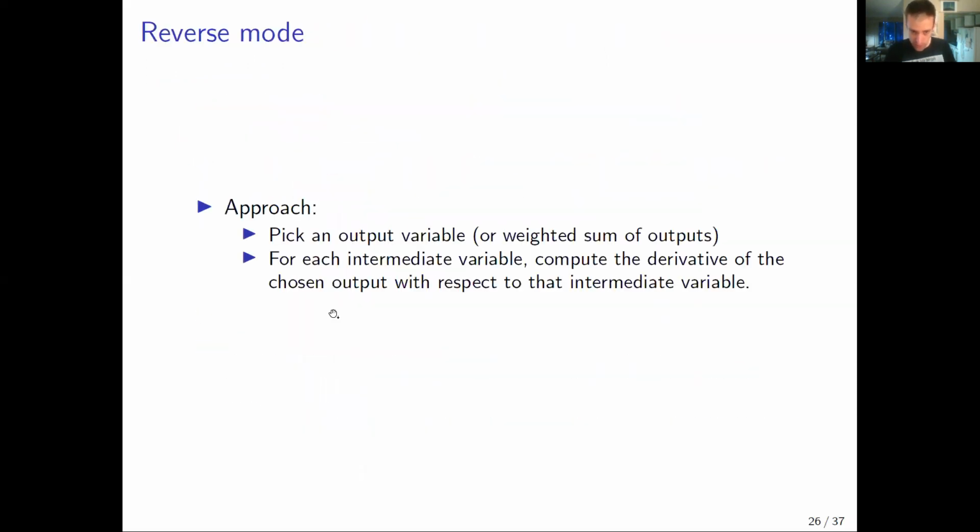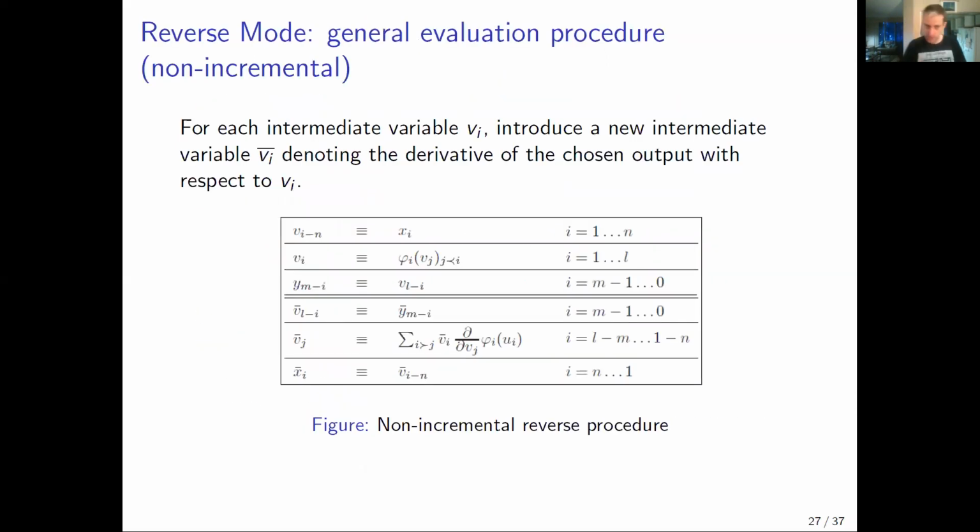Now, if we go to the reverse mode transformed evaluation procedure, that's not the case. Instead of interleaving steps, we now have two phases. In the first phase, we just have all the original steps, so this replicates the original evaluation procedure. And then in the second phase, we have entirely new steps. So, as I said, instead of interleaving, we now have just two phases, one consisting of original steps, one consisting of new steps.